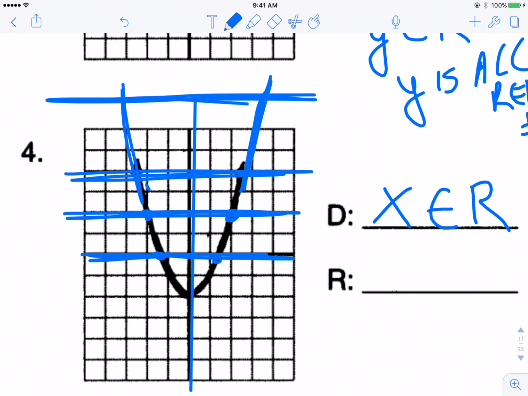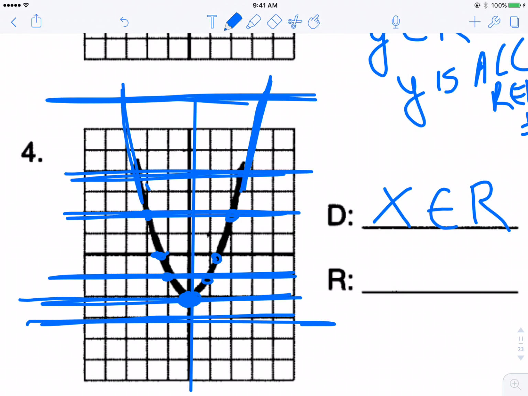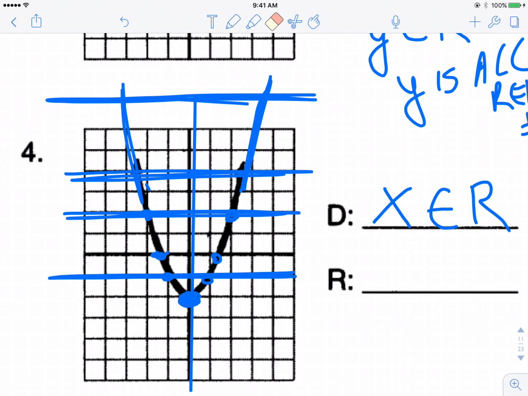What about negative? -1? Sure. Absolutely, right there. -2? Right there. -3? Oh, no, not -3. So what's the lowest possible y value that we could have?